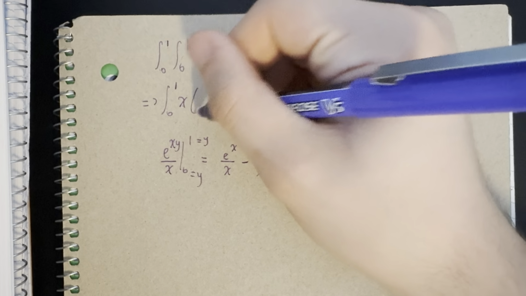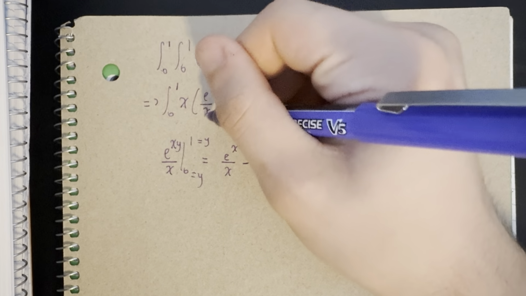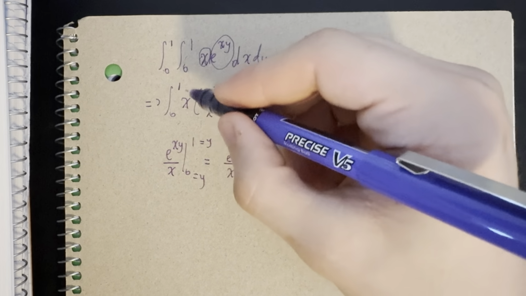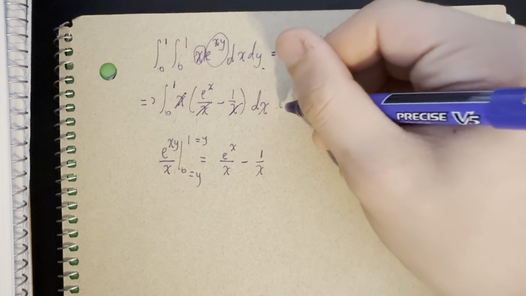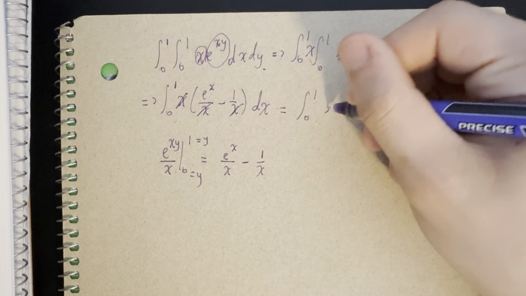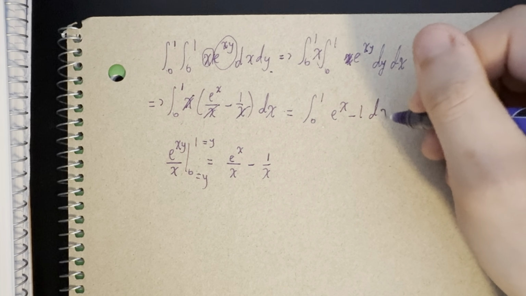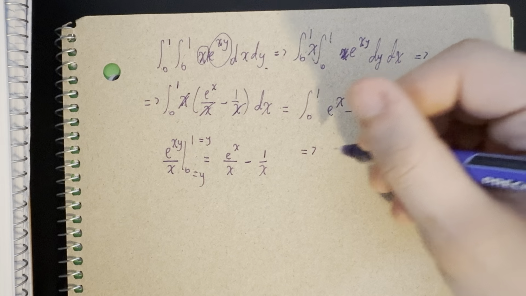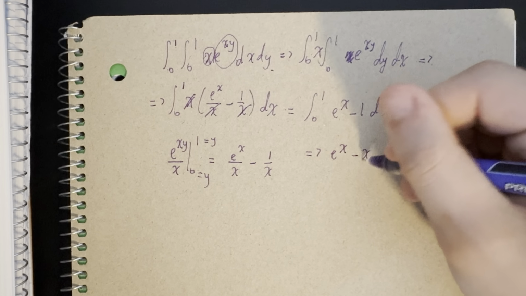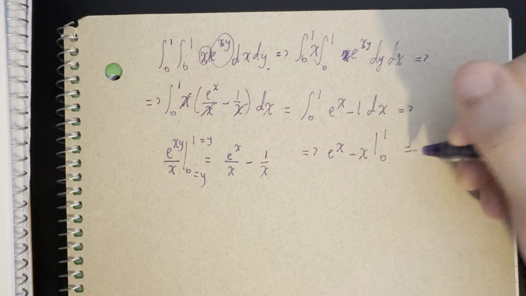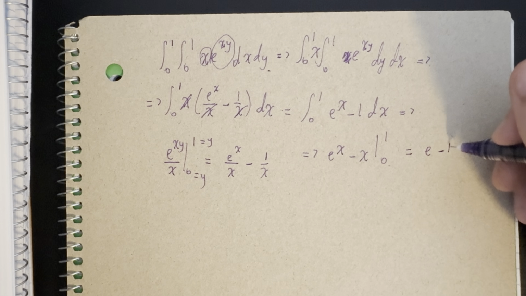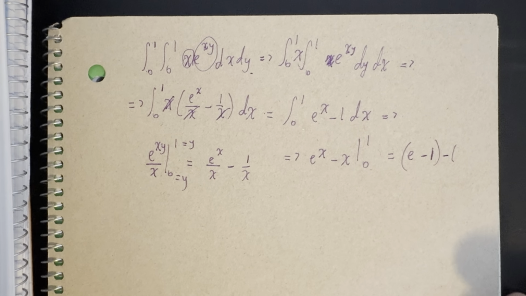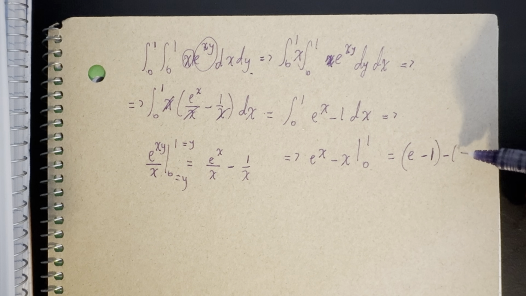Okay, so we put them in here. Now what's really nice is when you multiply this out, it's going to cancel. So now you have the integral of e to the x minus 1 from 0 to 1. And then this is just e to the x minus x from 0 to 1, which is e minus 1 minus 1.